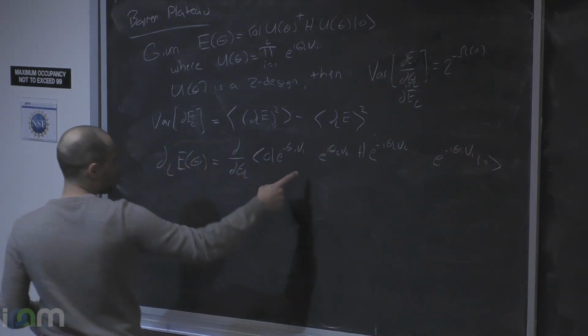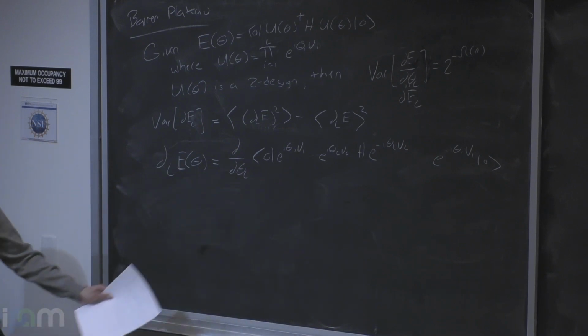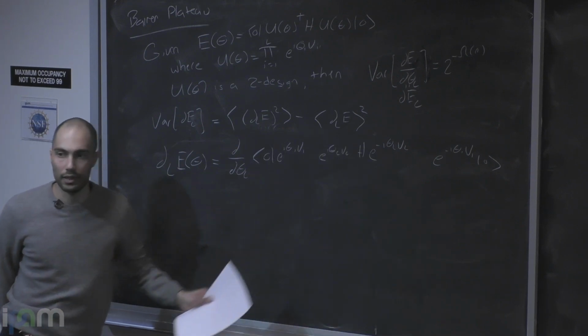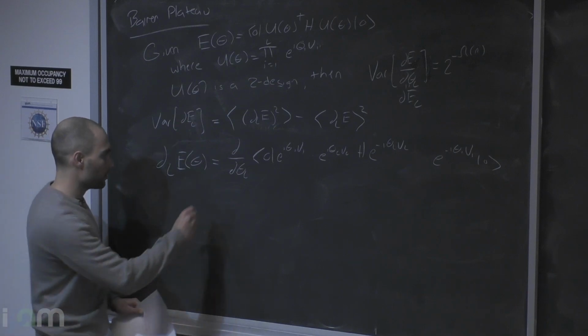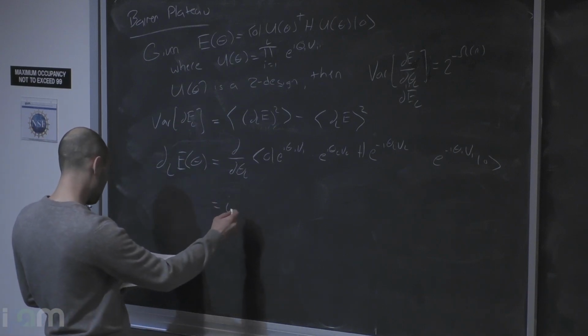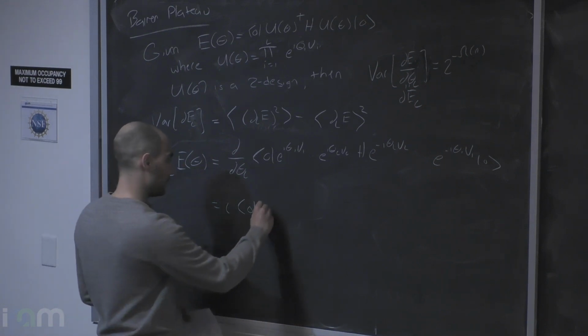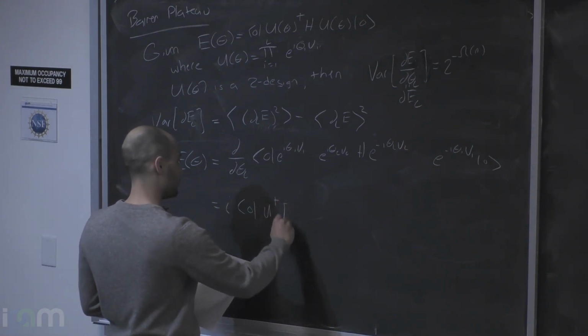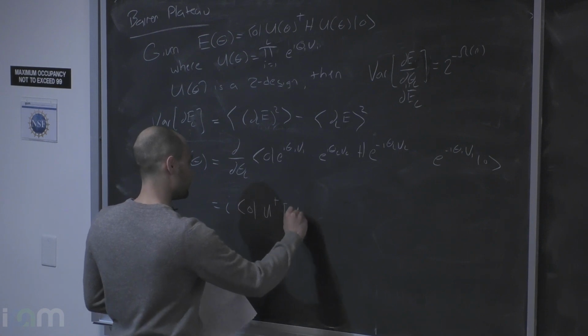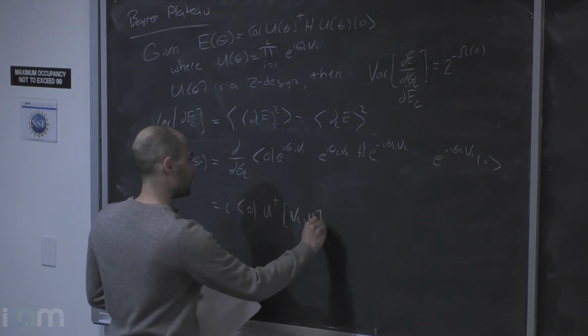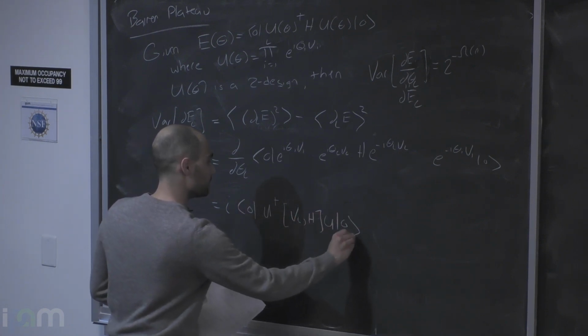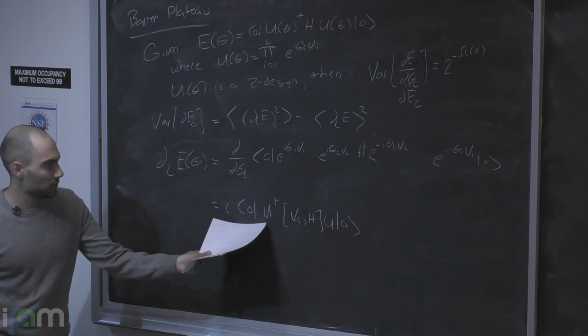We want to calculate the gradient with respect to this long formula, but with respect to the parameter theta L, the last layer. If you do this, you would find it's equal to i times U VL H U dagger 0, where U here is just U of theta.